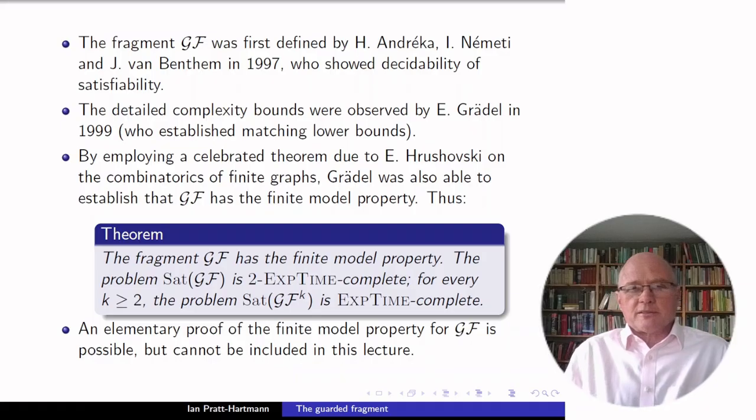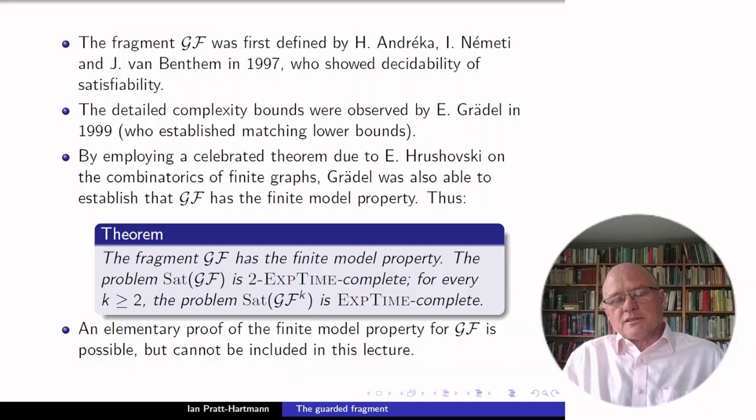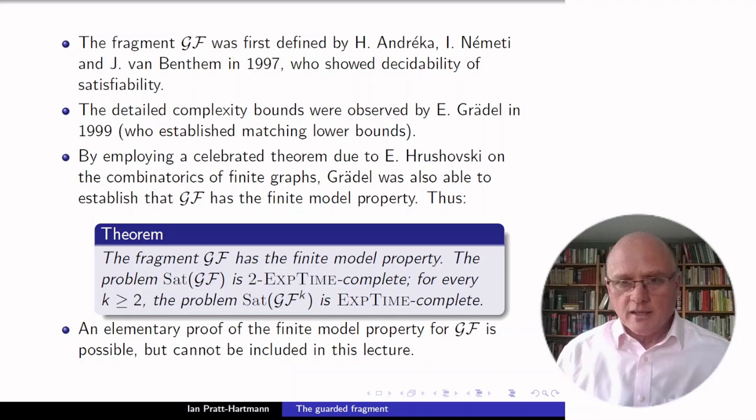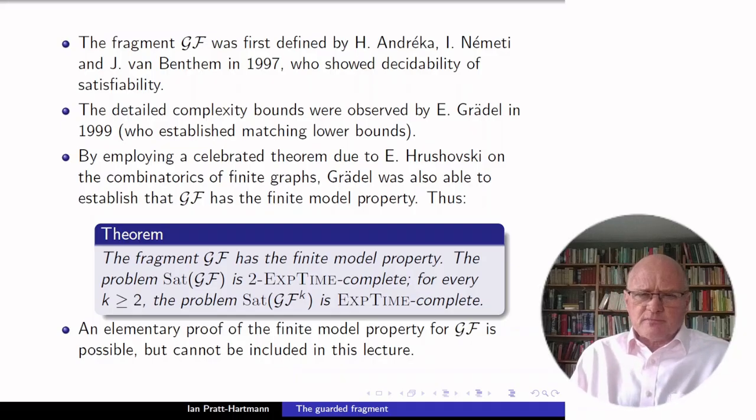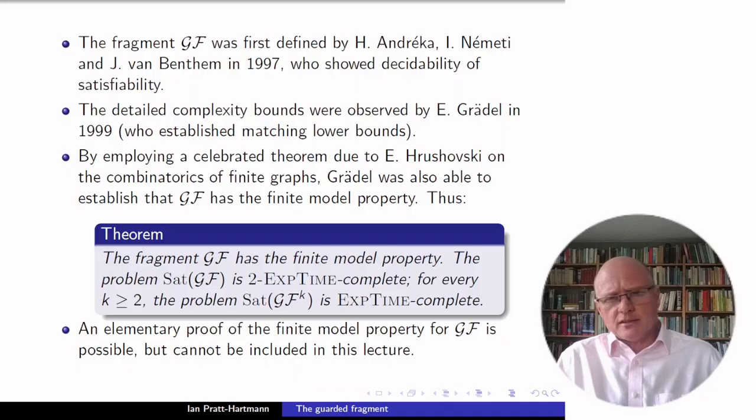Now, remember I said that the model constructed in the proof of one of the lemmas explaining the correctness of our procedure is infinite. So this secures the decidability of satisfiability, but not the decidability of finite satisfiability. And in fact, it's not at all obvious that the guarded fragment has the finite model property.